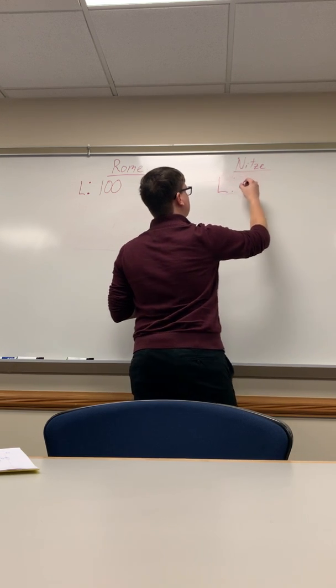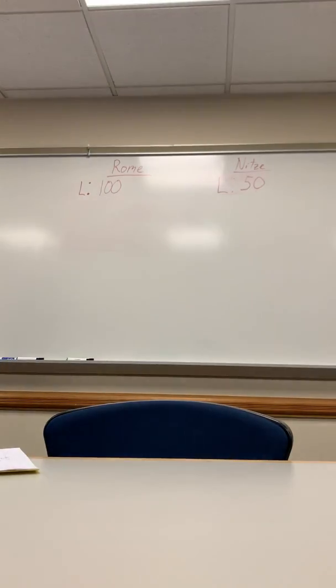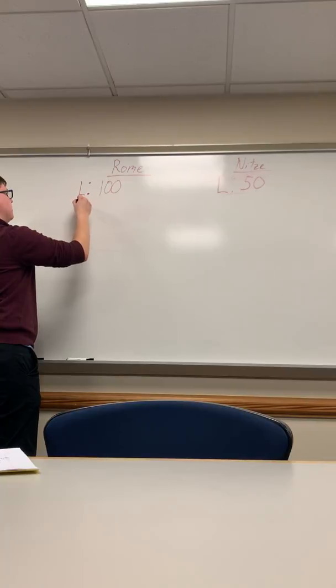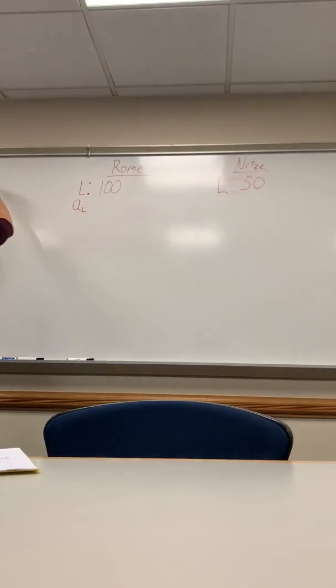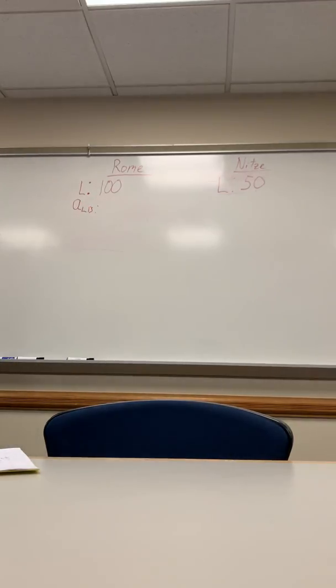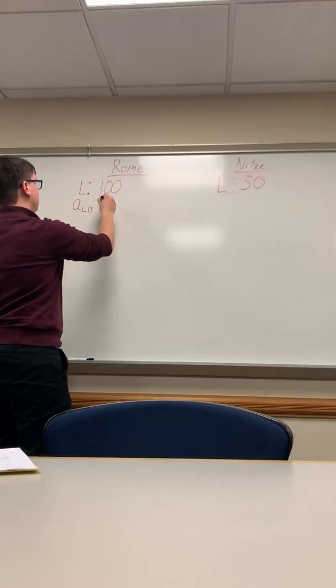In Nizza, we've got 50. Then we've got our two goods, bread, which is B, and cheese, which is C. So in one of our countries, we're going to have bread equal 2.